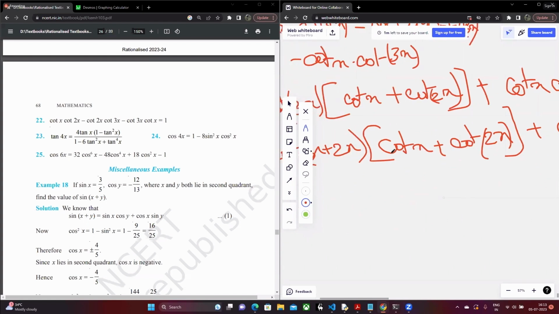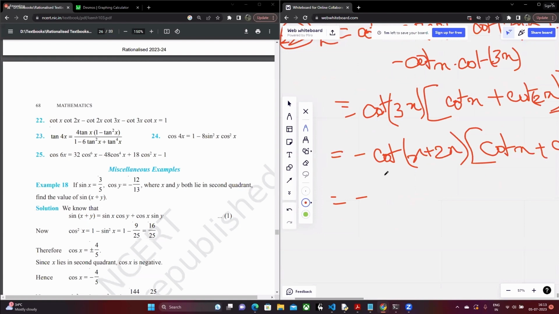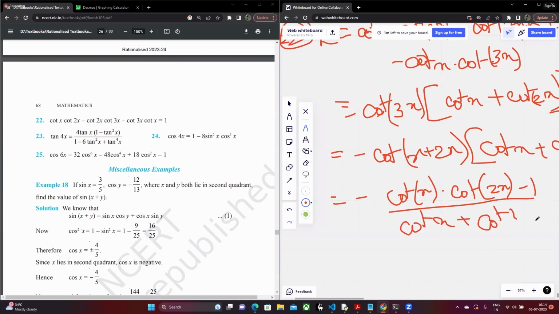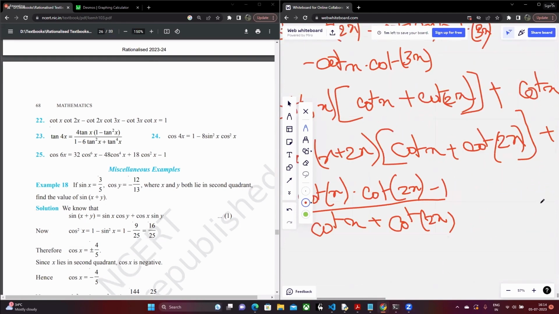Since we know the formula for tan of x plus y, we know the formula for cot of x plus y, right? Cot of x plus 2x is going to be equal to cot x into cot of 2x minus 1 divided by cot x plus cot of 2x, right? Into cot x plus cot 2x.